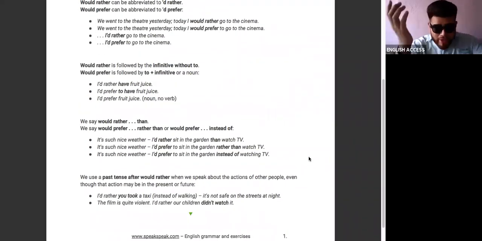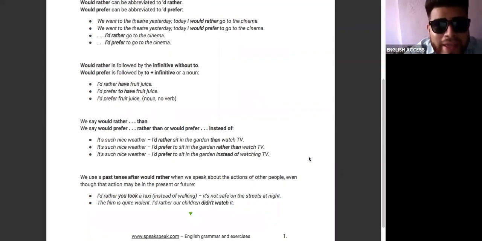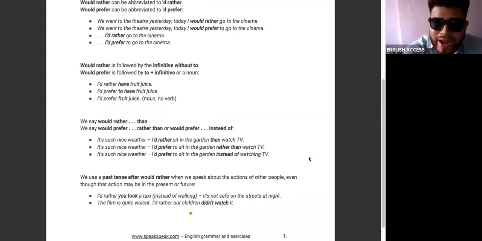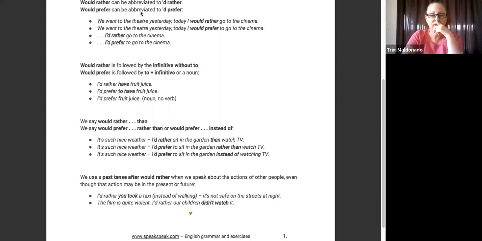Would rather is followed by the infinitive without to. Would prefer is followed by to plus infinitive or a noun. I'd rather have fruit juice. I'd prefer to have fruit juice. I'd rather have fruit juice.